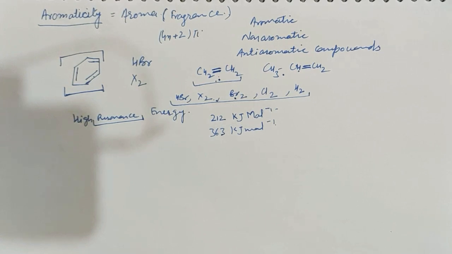It mainly undergoes electrophilic substitution reactions like nitration, sulfonation, halogenation and Friedel-Crafts reaction, and rarely undergoes nucleophilic substitution, but these reactions are not given by the corresponding open chain polyenes. The reactions shown by benzene are not shown by open chain polyenes, and vice versa.